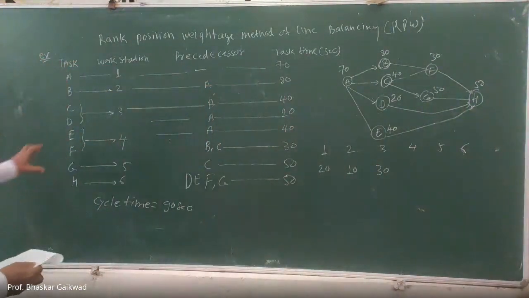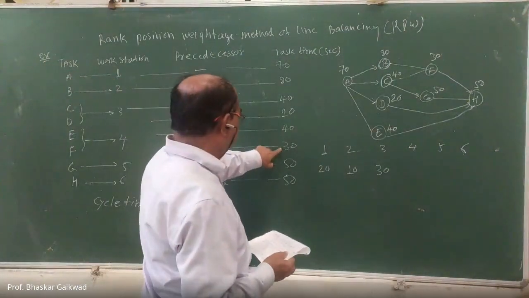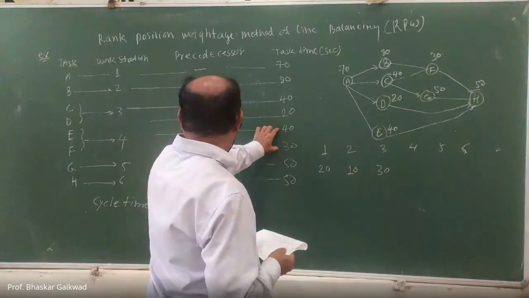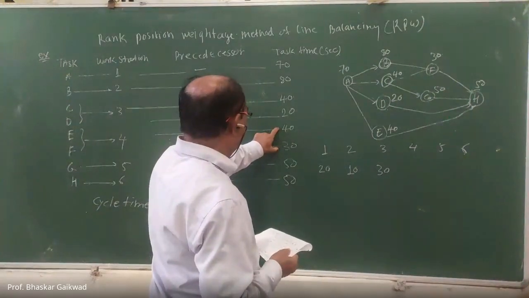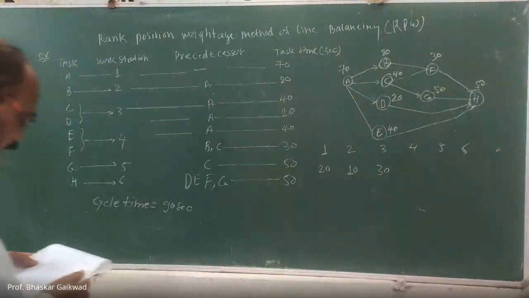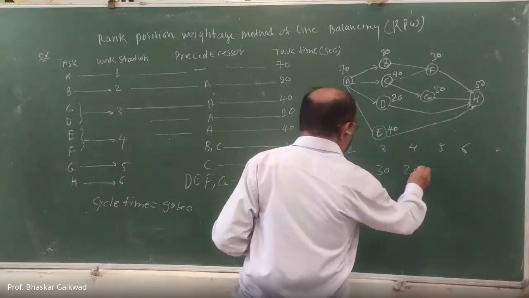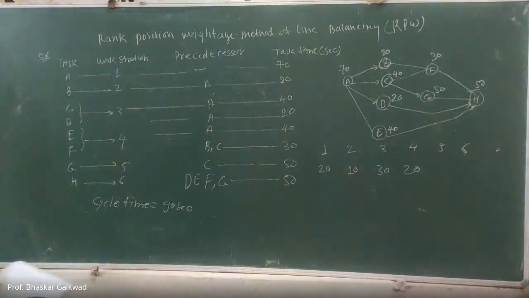Station number four. This is the 40 plus 30. One station. 80, 90 means here it is the fifth and sixth. So fifth and sixth. That is 50.